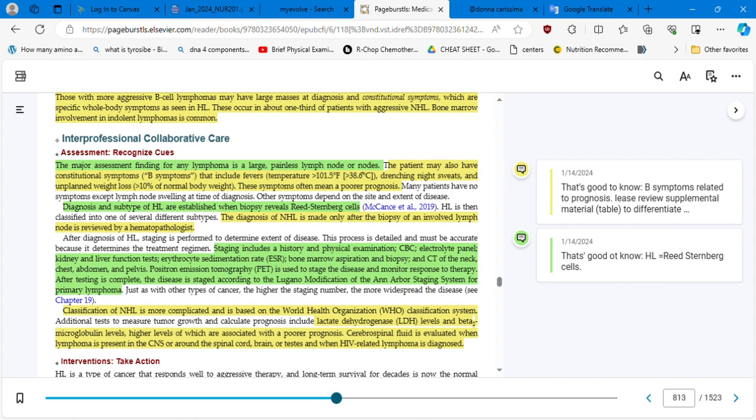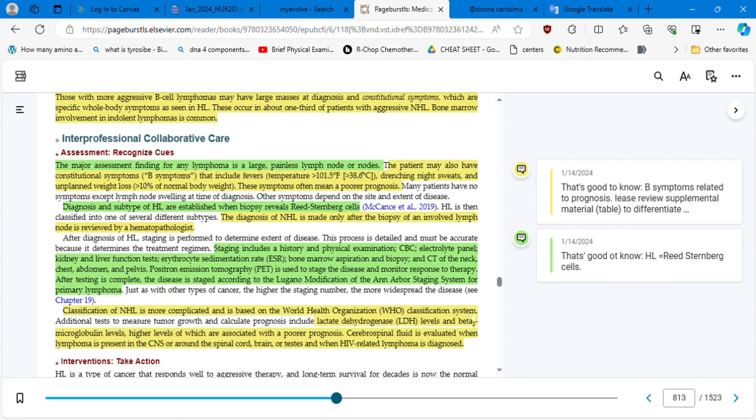Okay, so staging includes a history and physical examination, your CBC, of course, which is your complete blood count, electrolyte panel, which includes your potassium, sodium, chloride, calcium, kidney and liver functions, erythrocyte sedimentation rate, which is going to give you an idea of the inflammation, bone marrow aspiration and biopsy, CT of the neck, chest, abdomen, and pelvis, and your PET scan, which is a more advanced CT type of scan.